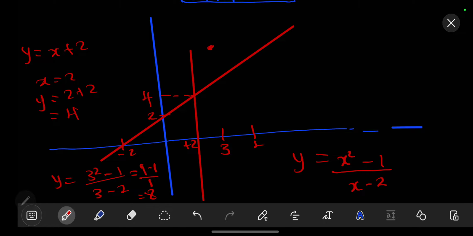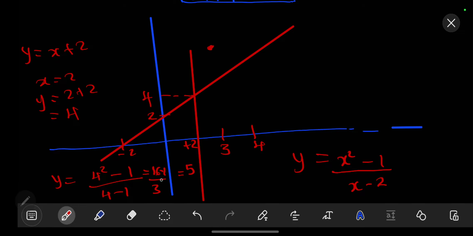Let me go to 4. If I go to 4, what is the behavior of this graph? If I put a 4 there, it will be equal to 4 squared minus 1 over 4 minus 1, which will be equal to 16 minus 1 over 3, which is 15 over 3, which is equal to 5.